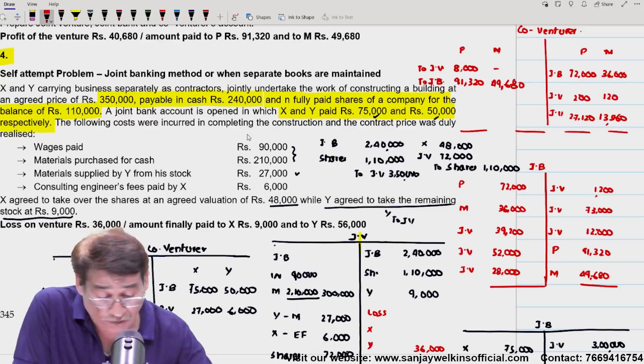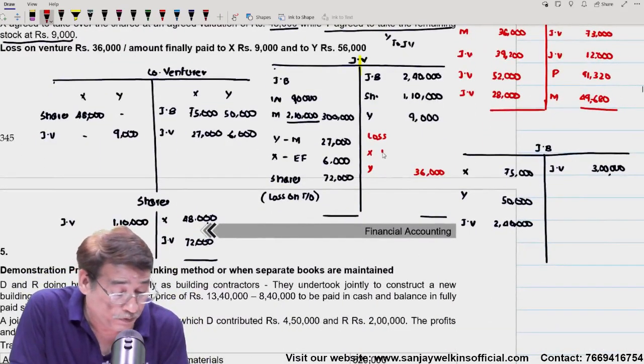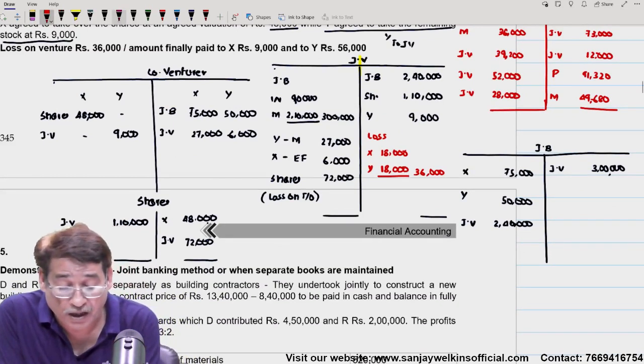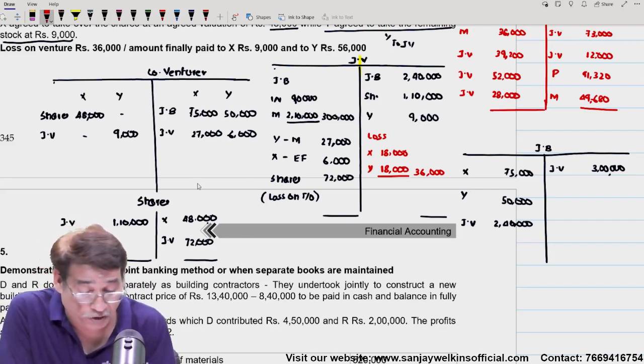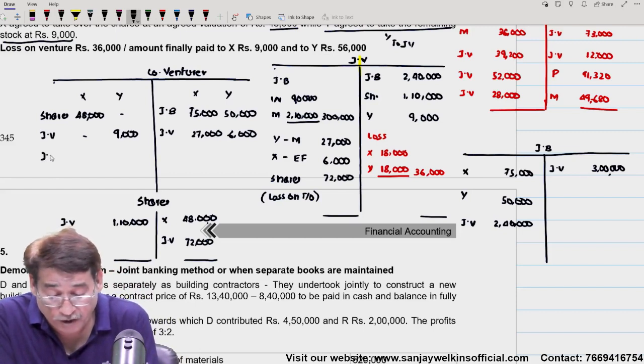If it is not given in the question, then we will transfer them equally. So we will transfer equally because it is not given. 18,000, 18,000. Now this 18,000 worth of loss will be debited to co-venturer account. In the co-venturer account, you will write here joint venture loss 18,000, 18,000.